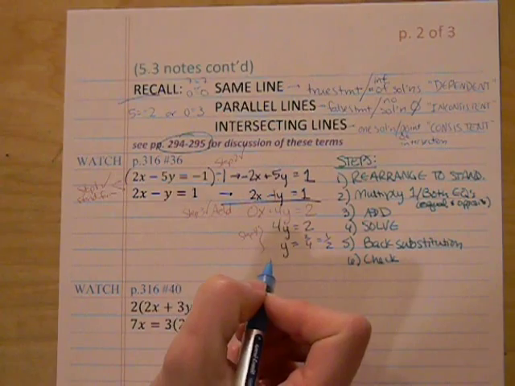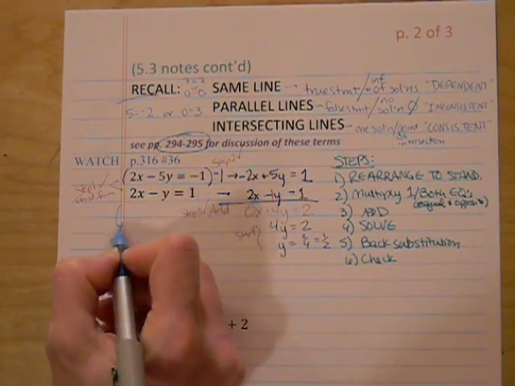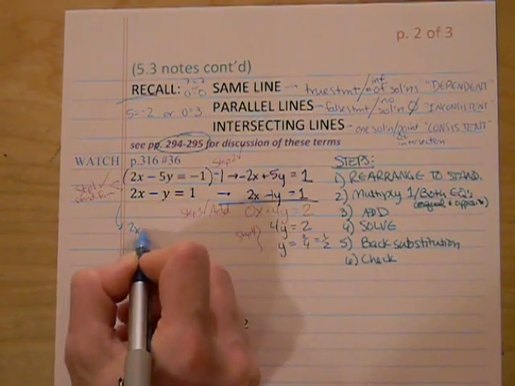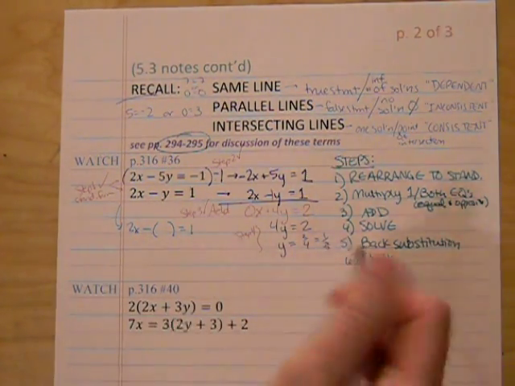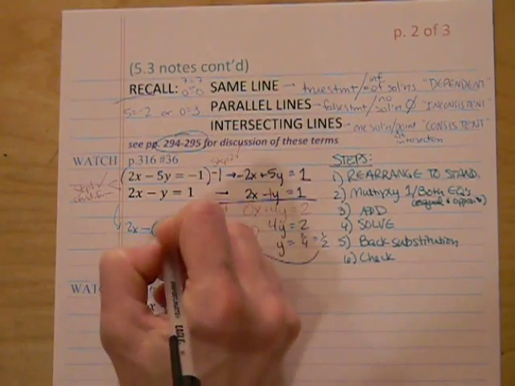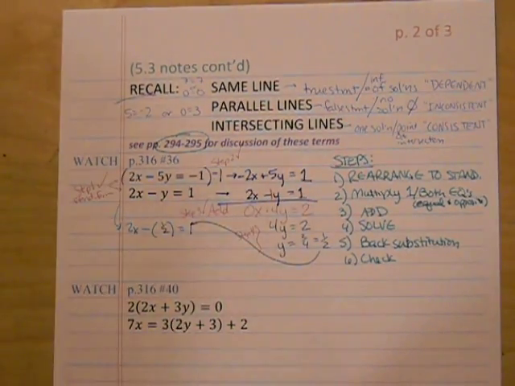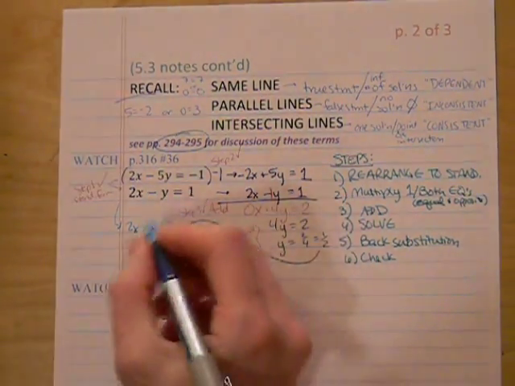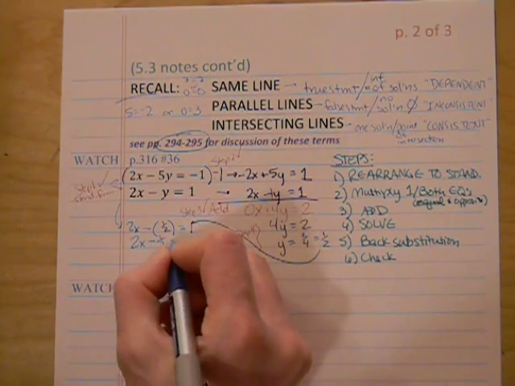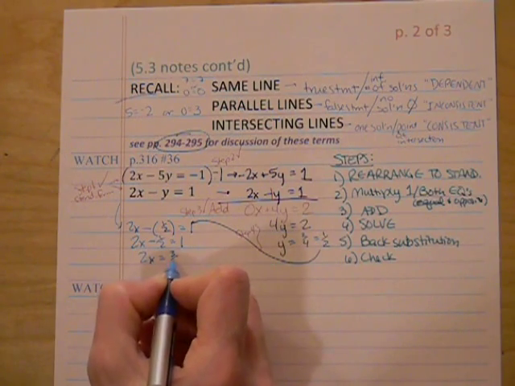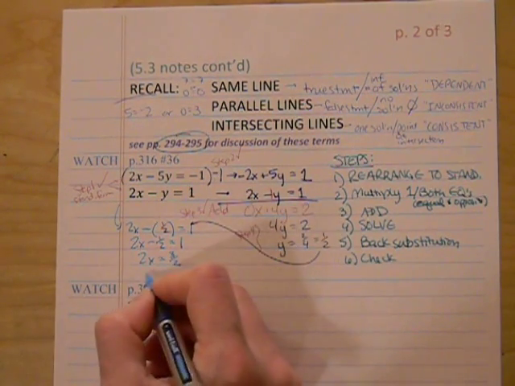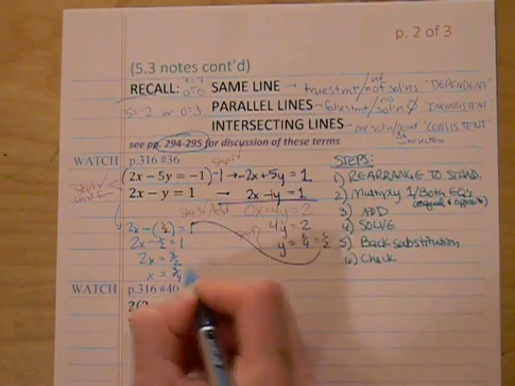Then I can use back substitution, pull either equation here, 2x minus y equals 1. Back substitute our answer in and get 2x minus 1/2 equals 1. Add 1/2 to both sides, I get 2x is equal to 3/2. Divide both sides by 2, I get x is equal to 3/4.